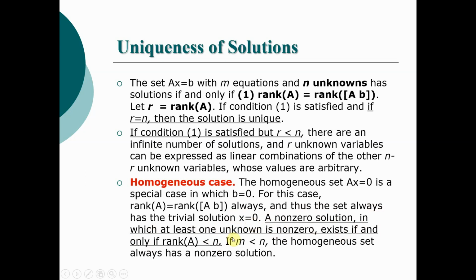We want to see if we have other solutions, right? If we want other solutions, it means the rank of A has to be smaller than the number of unknowns. So this is the condition. Otherwise, if the rank of A is equal to n, we always have only the 0 solution for this equation.